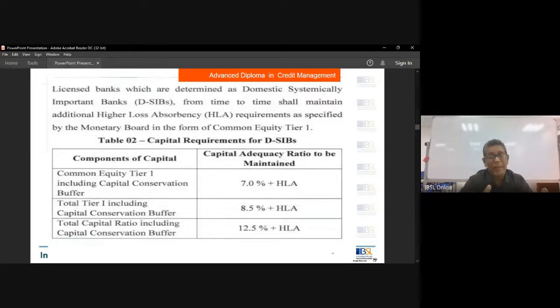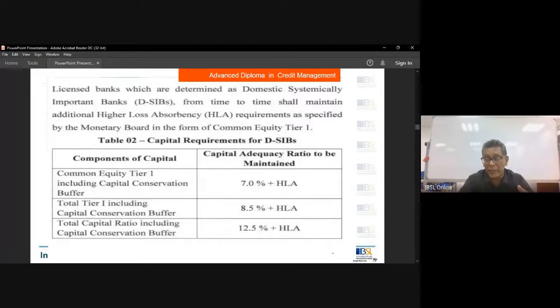So bucket 1 banks, we call them the HNB and People's Bank. They need to maintain 12.5 plus HLA. HLA is what? In People's Bank's case it is 1%. Whereas for the bucket 2 category, you need to maintain a capital adequacy ratio of 12.5 plus HLA.